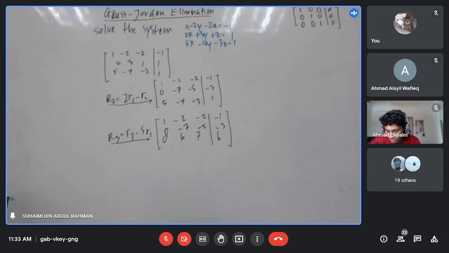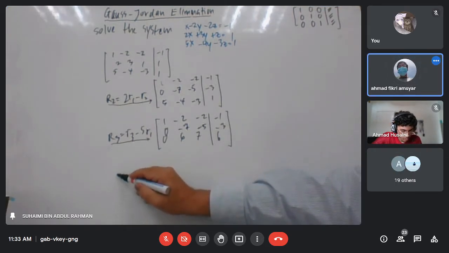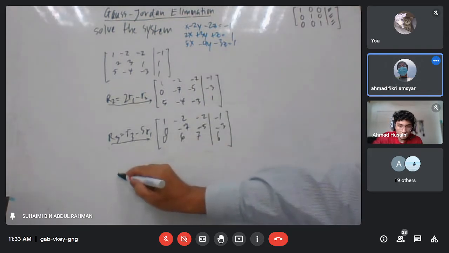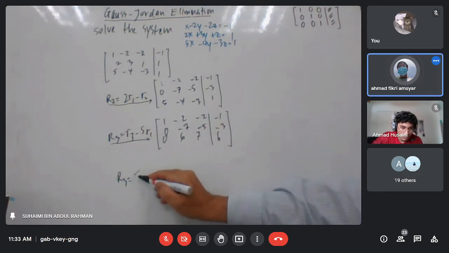Here we want to make 0, and at the same time we want to keep the other entry 0. Again, R3 plus 3R1?